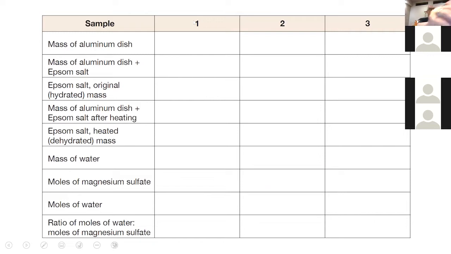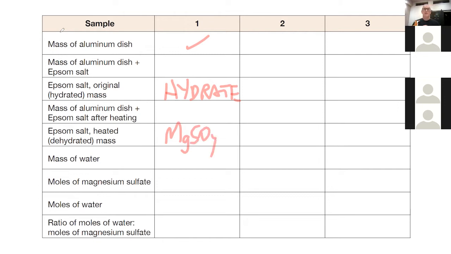And then the calculation, like I said, is pretty straightforward. We want the mass of the dish by itself, and the mass of the aluminum dish plus the salt, and then the difference will be just the hydrate. So that's the mass of your hydrate. After heating, subtract the mass of the aluminum dish again. That is the mass of the magnesium sulfate.